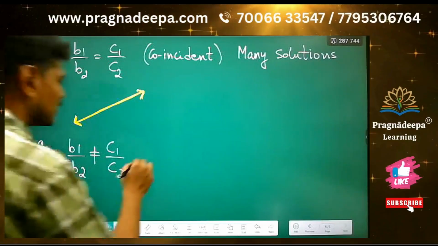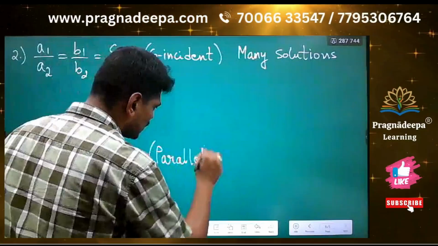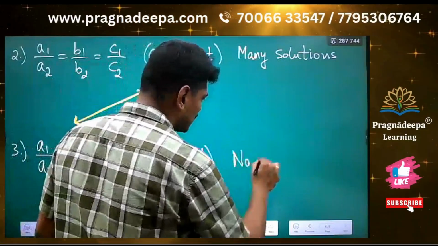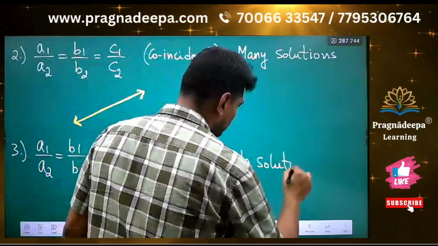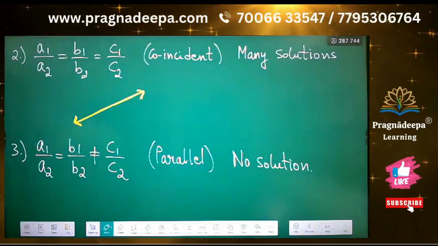Then we say the lines are parallel. If the lines are parallel, it has no solution. There is no common point between those two lines. What is the meaning of no common point? No solution.